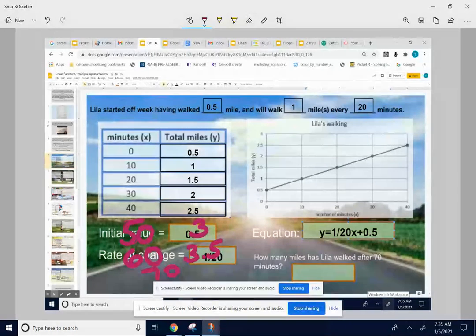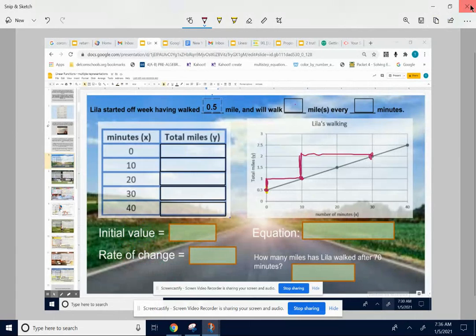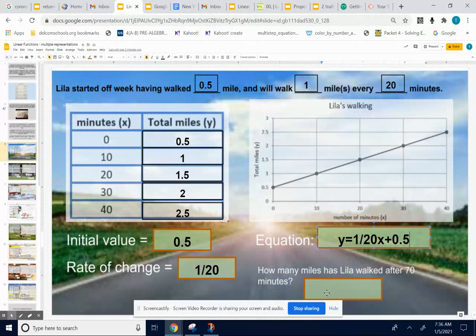And after 70, she's gone 4 miles. I'm just following the pattern. I'm continuing to go up 10 on the x side and a half on the y side. There are many different ways you can answer these questions, and different ways to come up with them. So how many miles has Lila walked after 70 minutes? That'd be 4 miles.